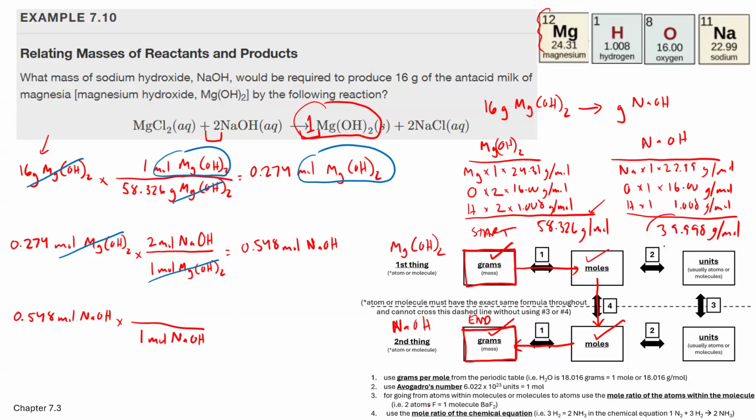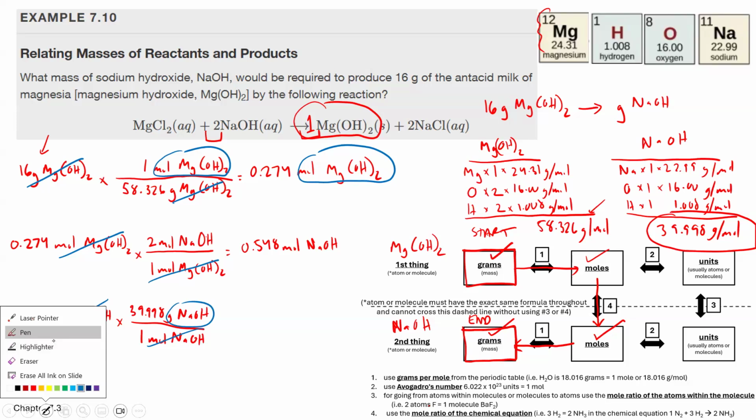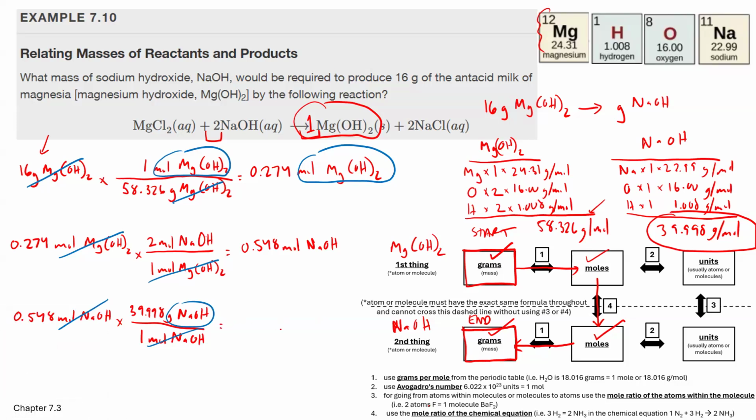And remember, we're using this number here: 39.998 grams of sodium hydroxide per 1 mole of sodium hydroxide. So grams go up top here. Let's cancel out the stuff. Cancel, cancel. We're left with grams of sodium hydroxide, which is perfect.